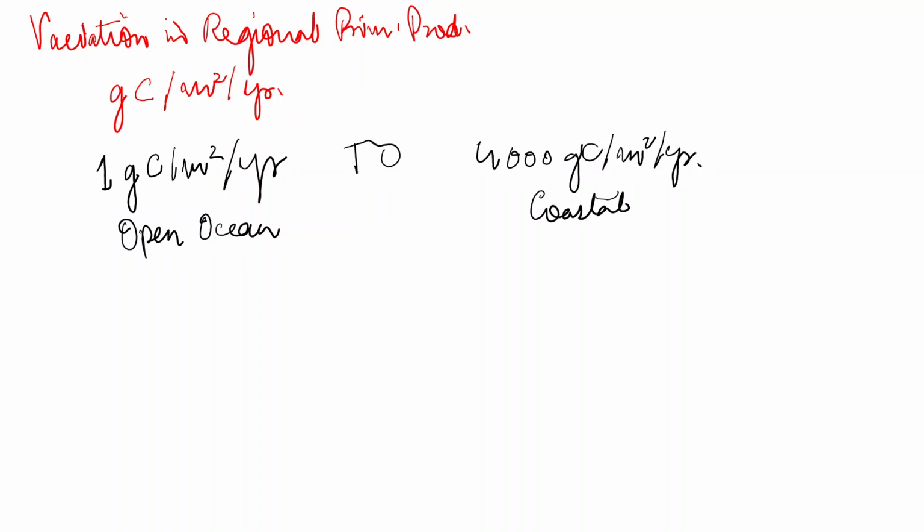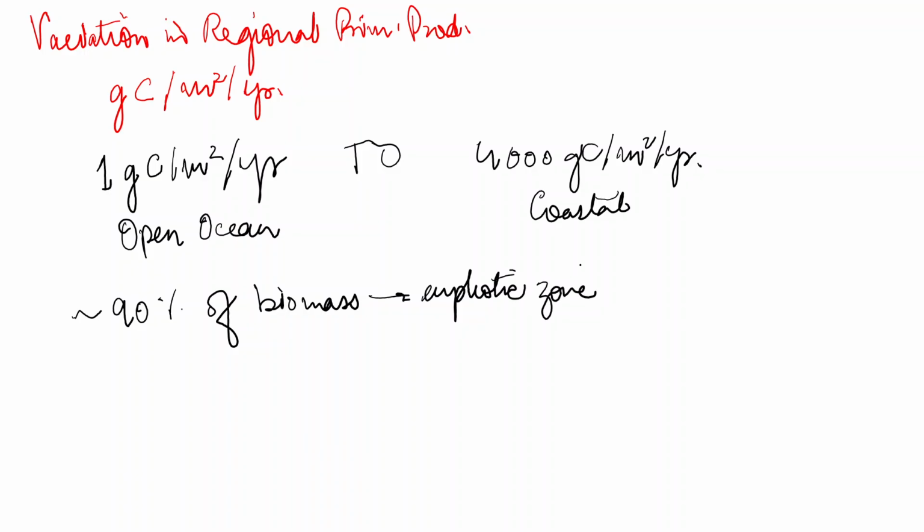All right. So why does this happen? It is because of the uneven distribution of nutrients and seasonal changes in the availability of solar energy. Now, approximately 90% of the biomass which is produced in the euphotic zone of the open ocean gets decomposed.